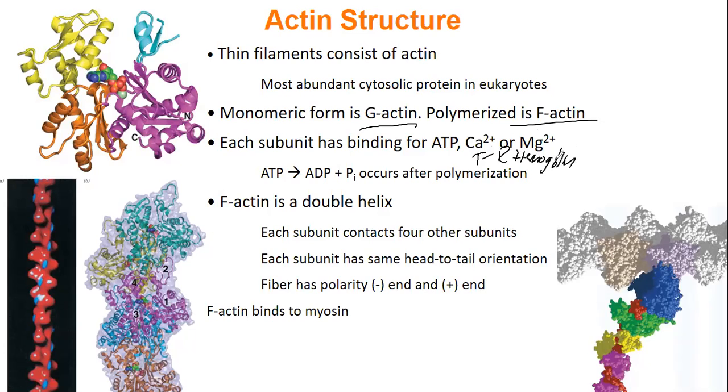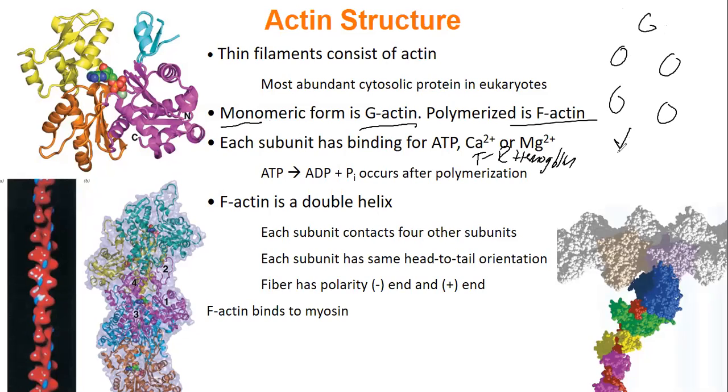T and R hemoglobin is the same protein, different conformations. G-actin and F-actin is the same thing, right? So if actin is all by itself, that is, it's in its monomeric form, it's not bound to other actins, we call that G-actin. So if it's a monomer, not bound to other actins, it's a G-actin.